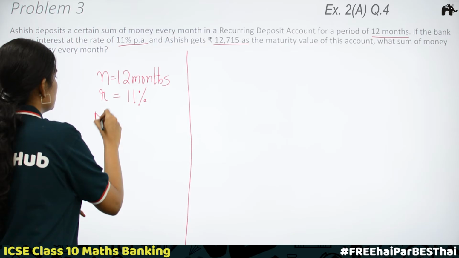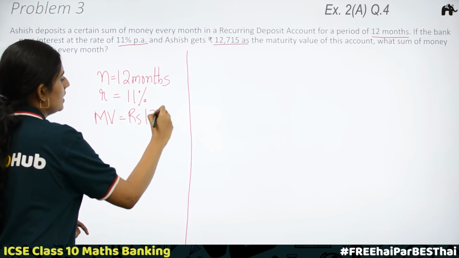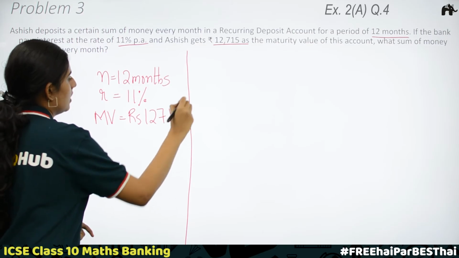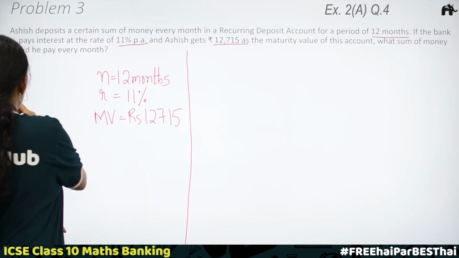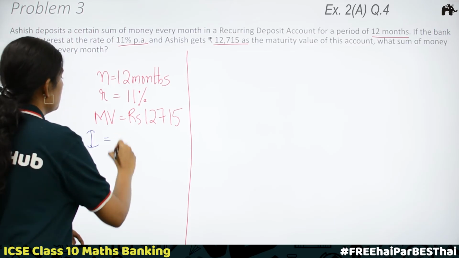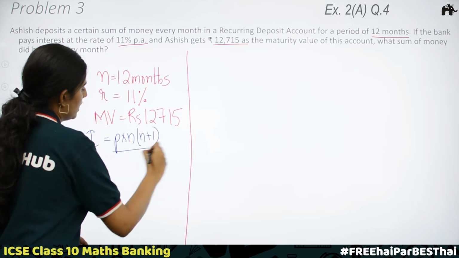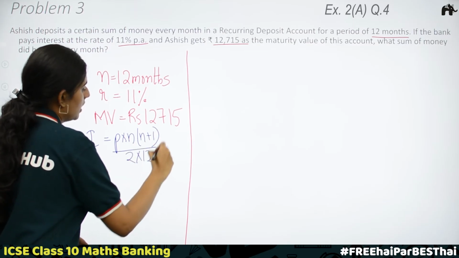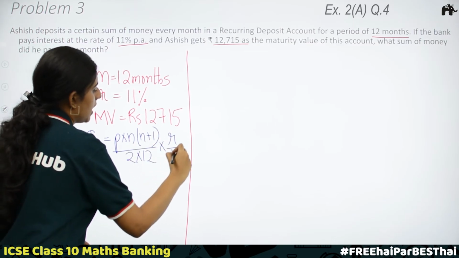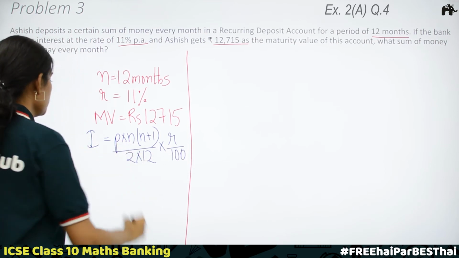Maturity value is rupees 12,715. Interest I is equal to P into N into N plus 1 divided by 2 into 12 into R divided by 100. We don't know the value of P.